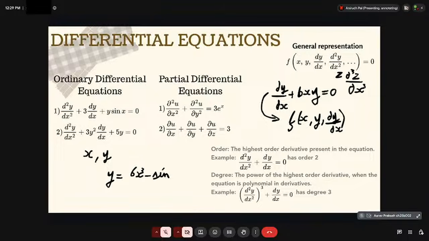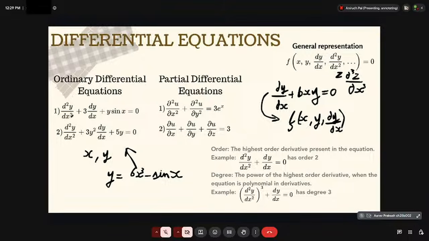In this case, the dependent variable is y because it depends on the value of x, whereas x is the independent variable. You're expressing it in such a form that y depends on x, but x doesn't depend on y. So if we map it to here, if we have only one single independent variable, which in this case is x, then it's called an ordinary differential equation.